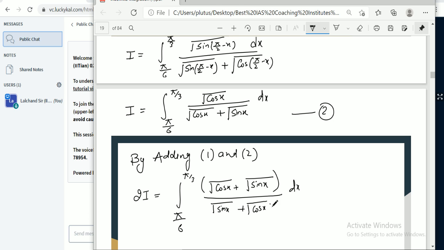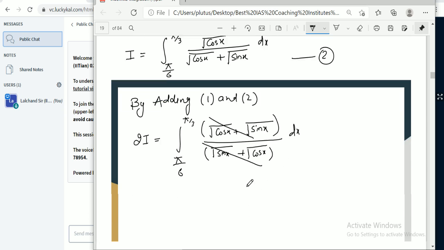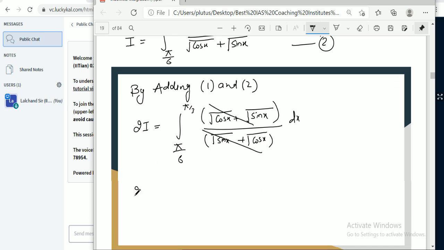So this gets cancelled finally, and we have 2I is equal to integral pi by 6 to pi by 3 of 1 dx.